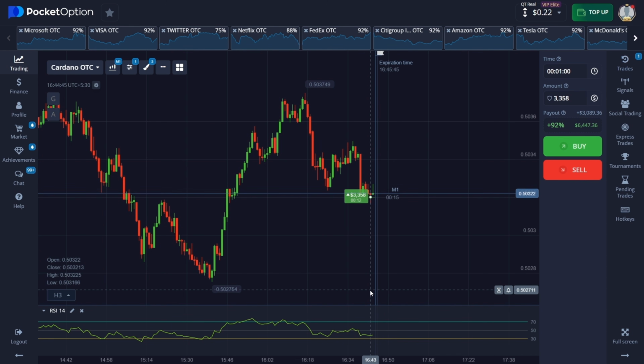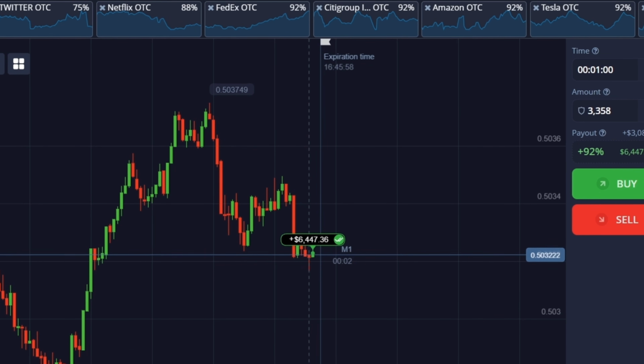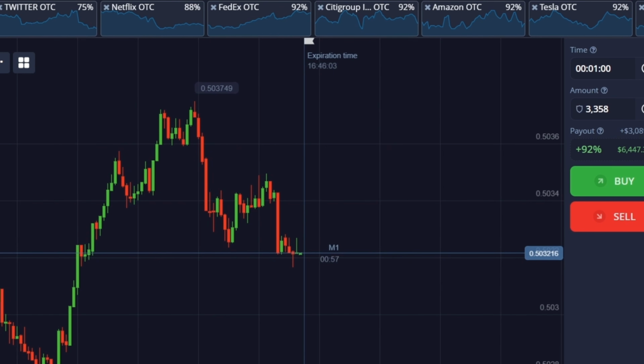The trade is going in our favor right now, but there are still 10 seconds left. Only 3 seconds left. And we won the trade. Now my balance has increased to $6,447.